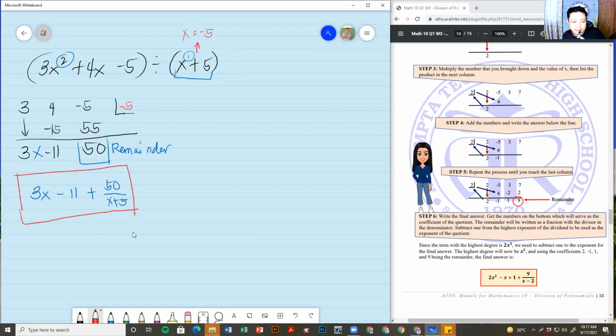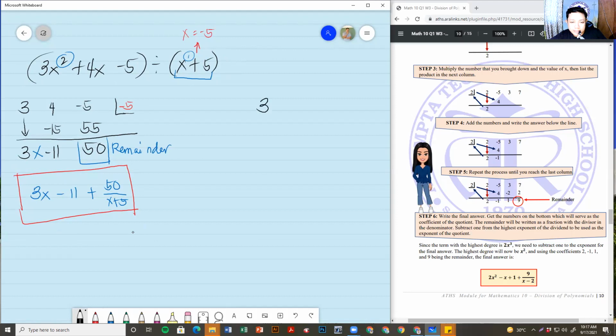Okay, let's have this. Long division tayo. Again, make sure it's complete. Same thing with the synthetic. If there's a missing term, you need to put the 0 in between. Okay? So since wala namang kulang, just the normal division.